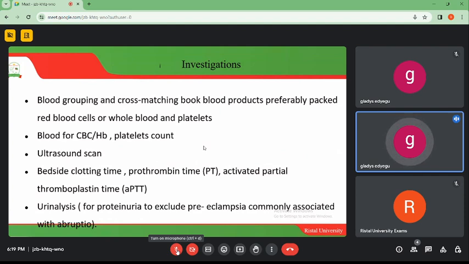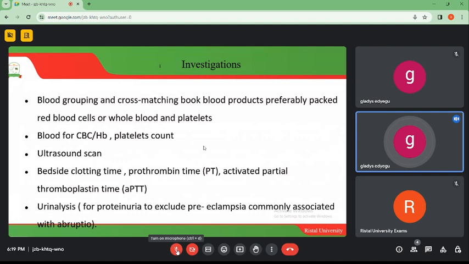Are we going to get FFPs, fresh frozen plasma, in order to help in clotting, or are we going to give her just whole blood, packed red cells? This is very important so that we can see what kind of blood products we need to transfuse this mother with.